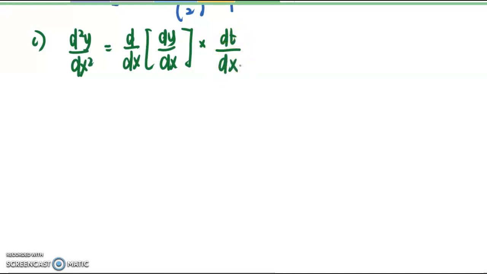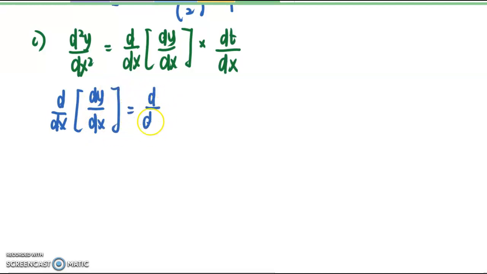Okay, first we are going to find d/dx of dy over dx, d/dx of 2t square plus 1 over 2t square minus 1.